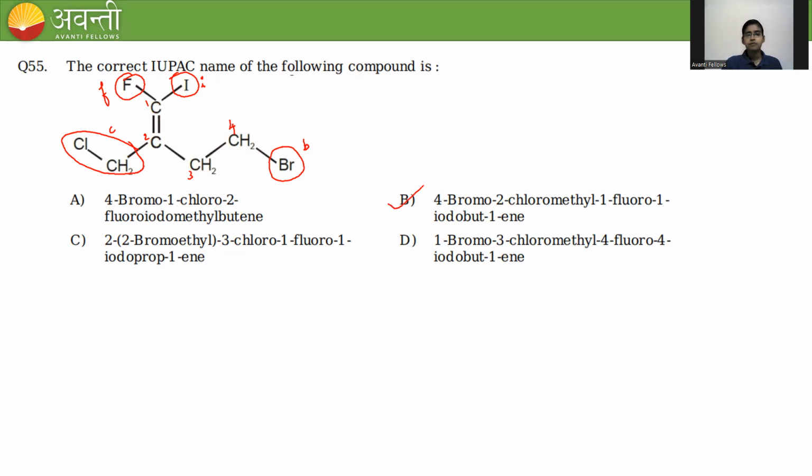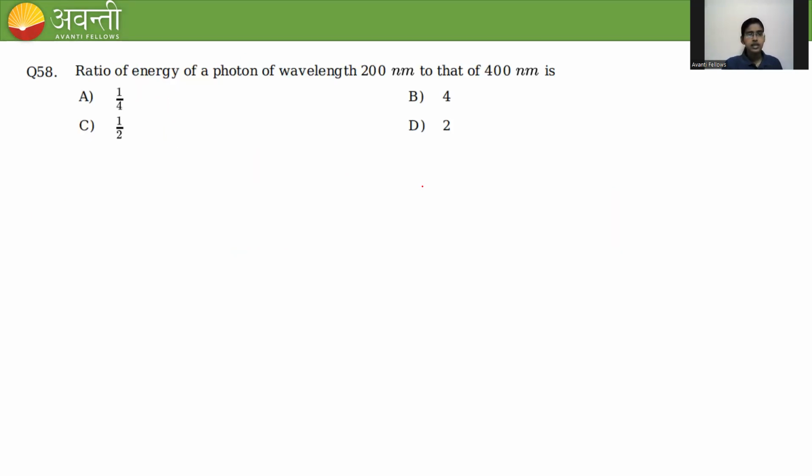Okay, so moving on to the next question. The ratio of energy of a photon of wavelength 200 nanometer to that of 400 nanometers. So two wavelengths are given. This is lambda 1 and we can take this as lambda 2. And we have to find out the ratio of their energy.